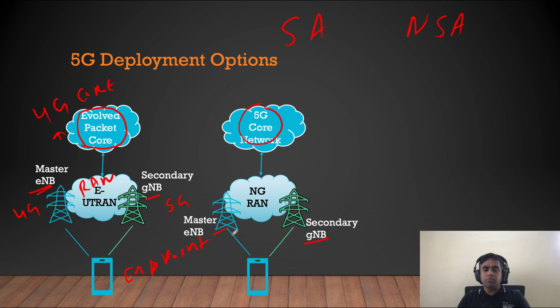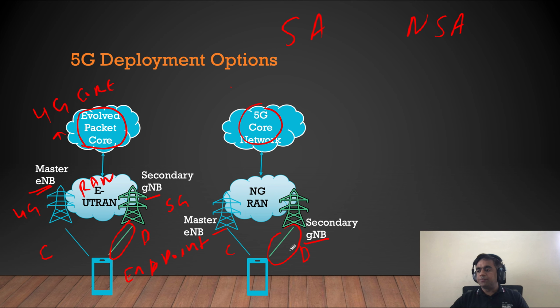So E node B is the primary node, the master node, which is responsible for the control plane and data plane. And this green channel in both the cases is used for the data. So this is control plane, and this can be used for the data plane.